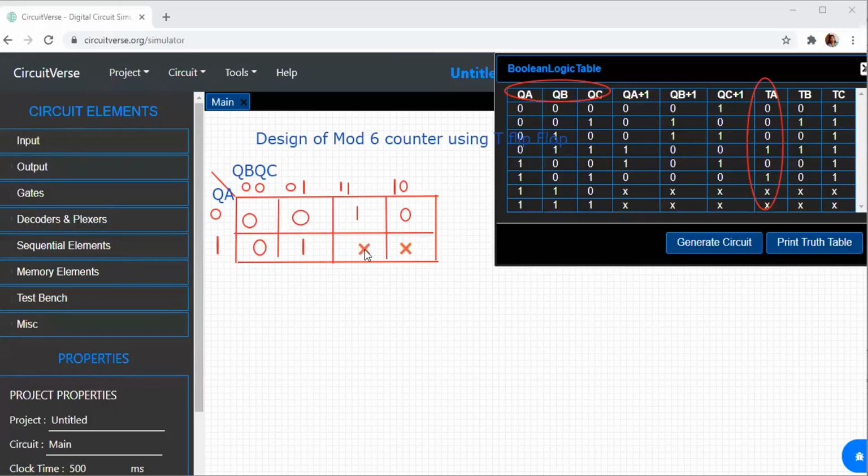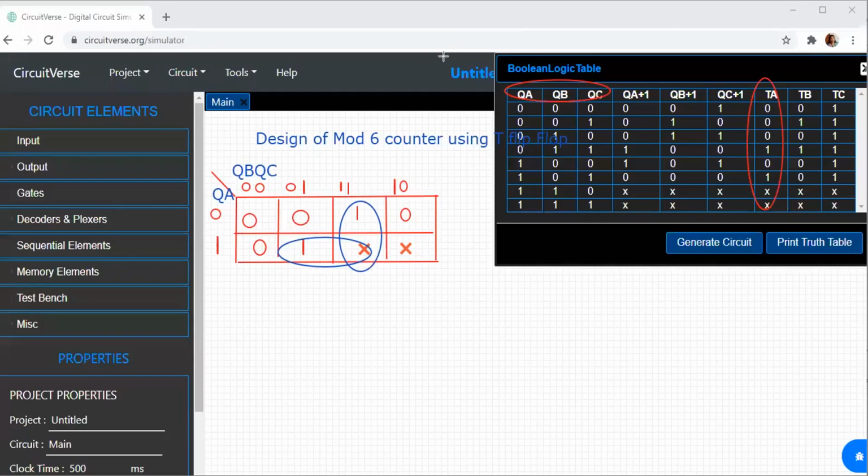Now we have to simplify this K-map. First you have to check whether there are octets. There are no octets, no quads, so I have only pairs. So let me select the pairs. This will be one pair, I have one pair over here and another pair over here.